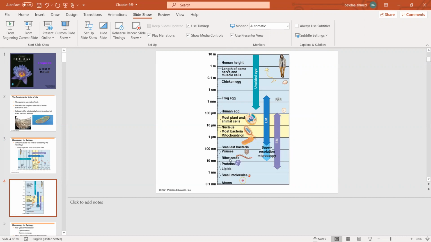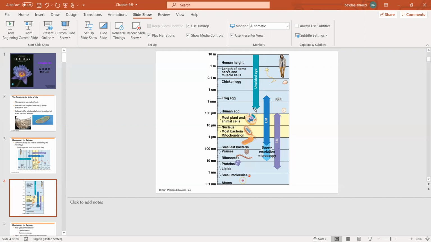And then we have viruses. Viruses are a little bit smaller than bacteria. Bacteria are the first prokaryotes that we are going to talk about. You can see here that from this point down until the end of the green arrow, these are things that you can see with your own eyes.